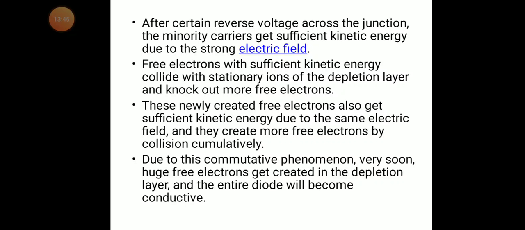That strong kinetic energy makes them collide with the stationary ions, and they knock out more free electrons. These newly created free electrons also get sufficient kinetic energy due to the same electric field, and they create more free electrons by the collision cumulatively.